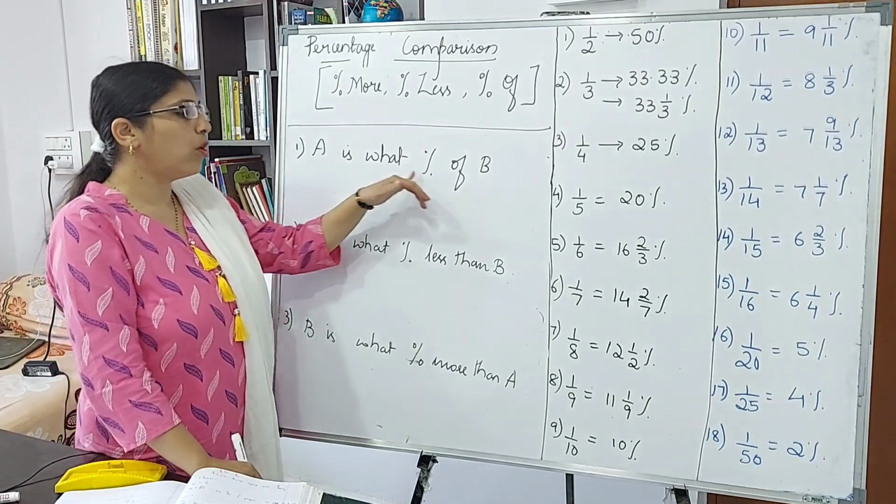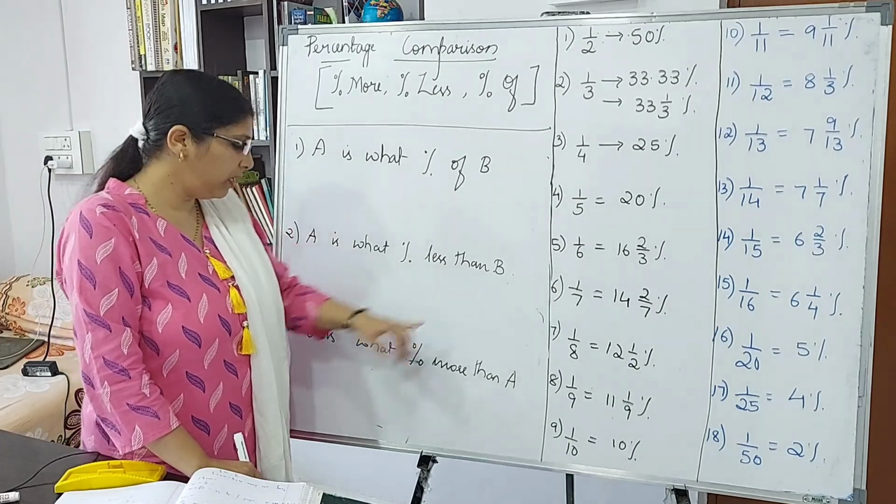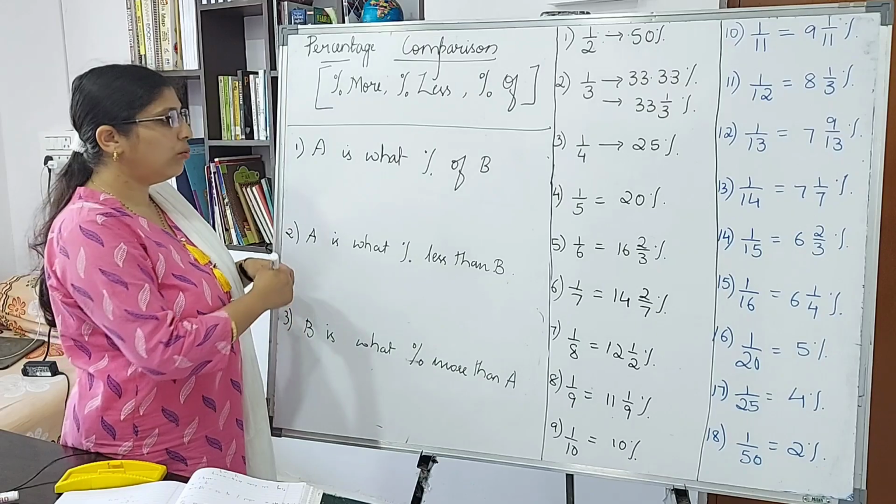That is, A is what percent of B, A is what percent less than B, and B is what percent more than A. So how to do this?